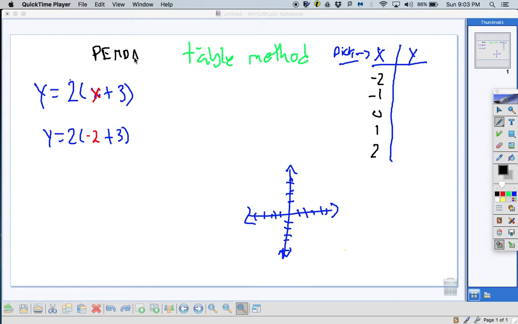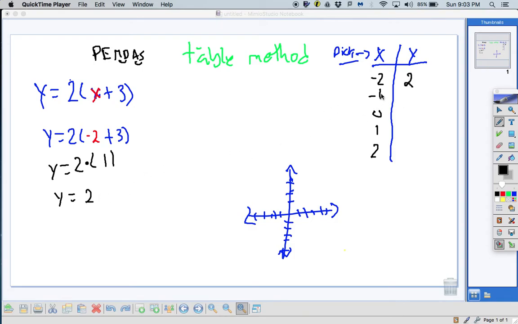That's parentheses, exponents, multiply and divide together, and addition and subtraction together. Both of these go left to right, whichever you see first. So we do have parentheses, so we do this first. -2 plus 3 is, of course, 1. And when you see a number next to a parenthesis, this is a hidden times. So what this says is 2 times 1, which is, of course, the number 2. So when x is -2, y is 2.